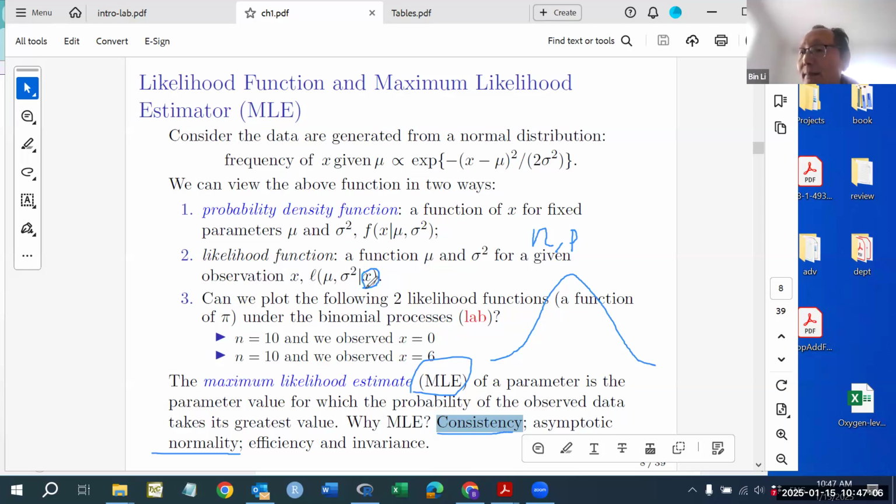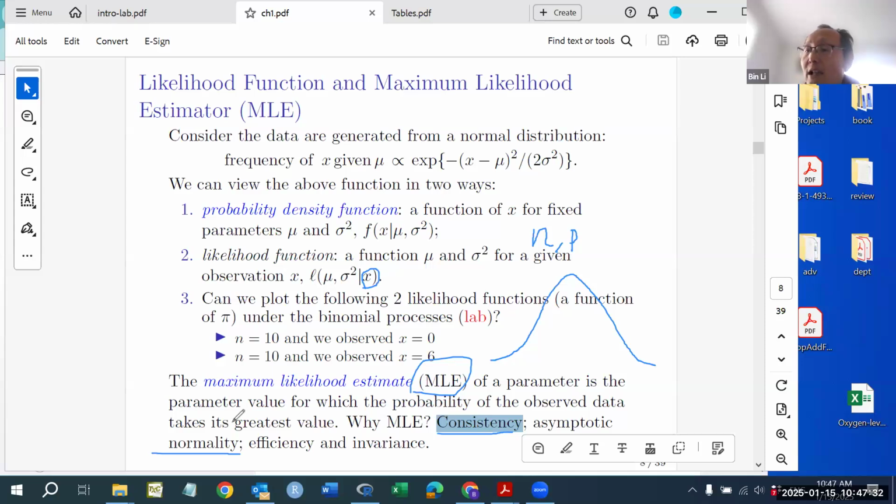If you have a different sample, the MLE will be different. So the MLE is a random variable, with a certain distribution if we change the samples. And the nice property is that when the sample is large, it follows a normal distribution, no matter what the population distribution is. We can prove that the MLE always follows a normal. So that's a very nice property.